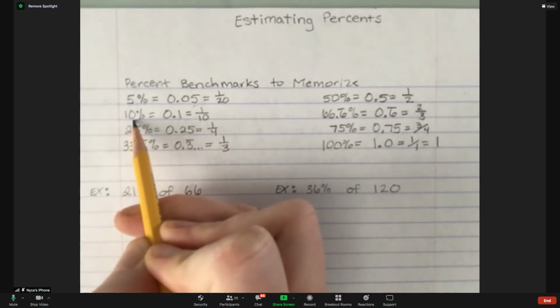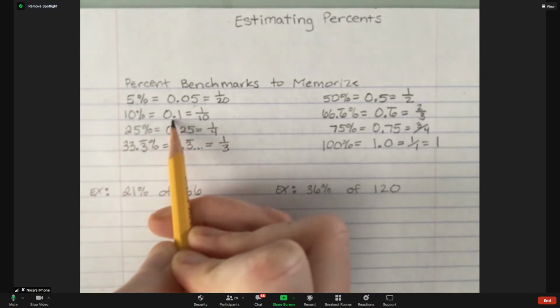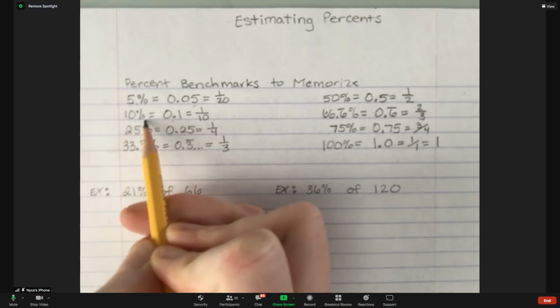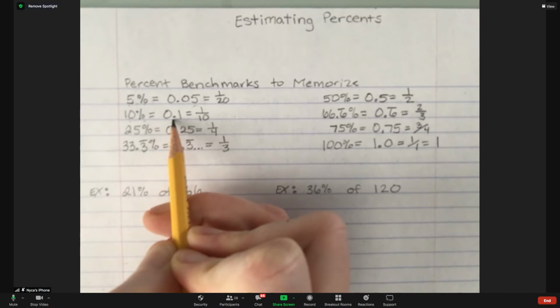10%, anything 10, 100, 1,000 is talking about moving the decimal place. So think of your exponential scientific notation. So 10% is 0.1. It also means 10 cents, which would be 0.10. What is that written as a fraction?